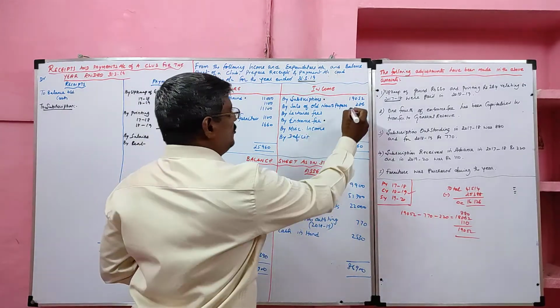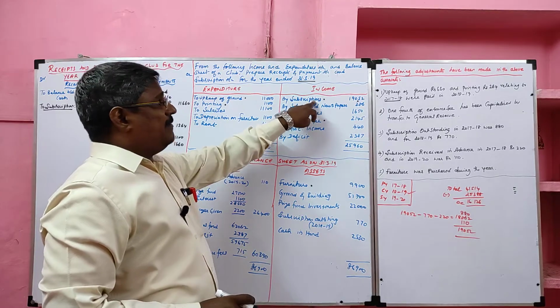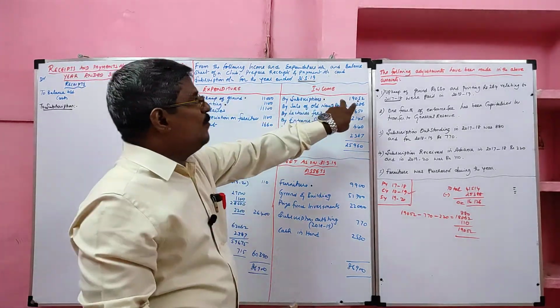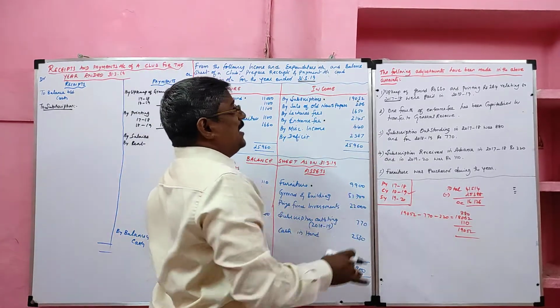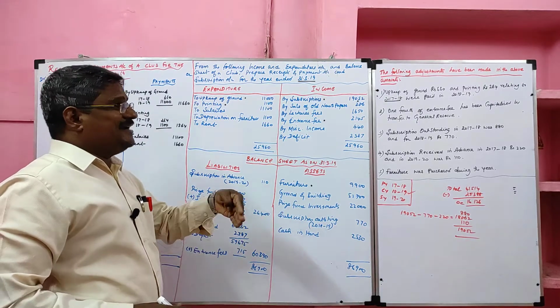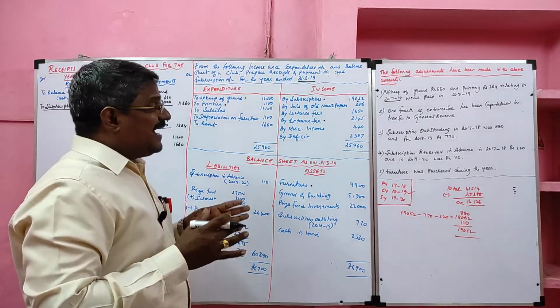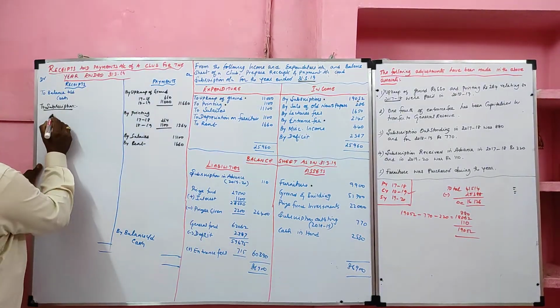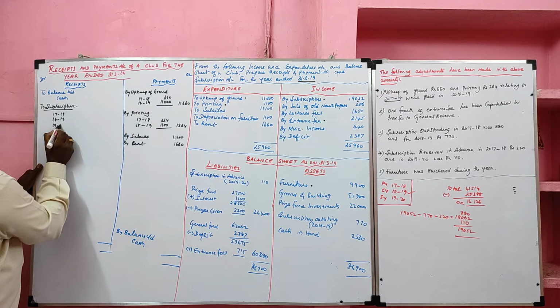If these 3 are included, we'll get this value. Last year received in advance and current year outstanding are both included. First we have to exclude last year received in advance and current year outstanding. Then we will get current year subscription, current year received. Here we have subscription for 17-18, 18-19 and 19-20.